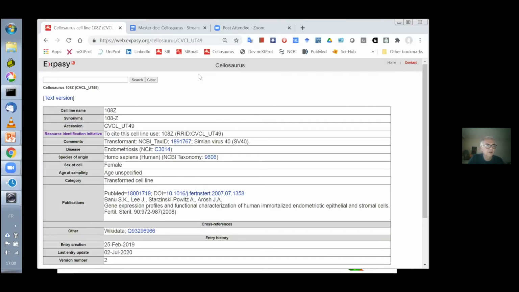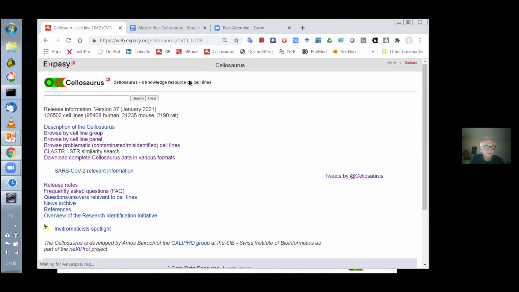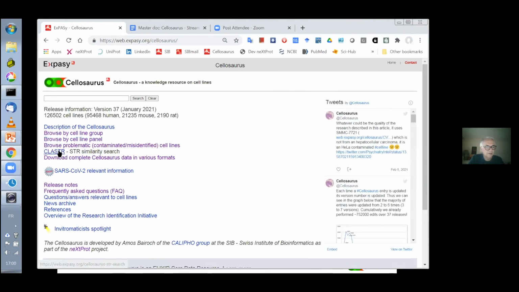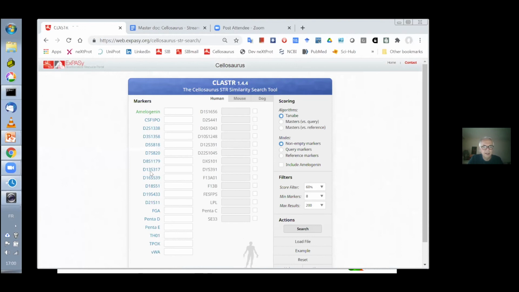Here is the interface. What I will do now is just go back and do it directly on the web. And I go to Cluster. I will take an example, here just one cell line. So you see the values of the alleles are there.